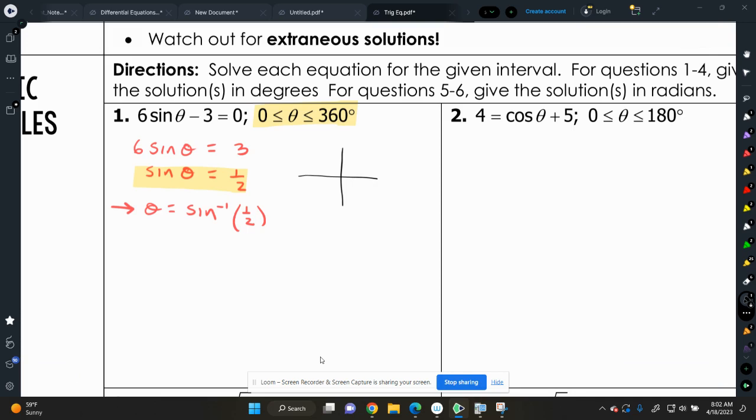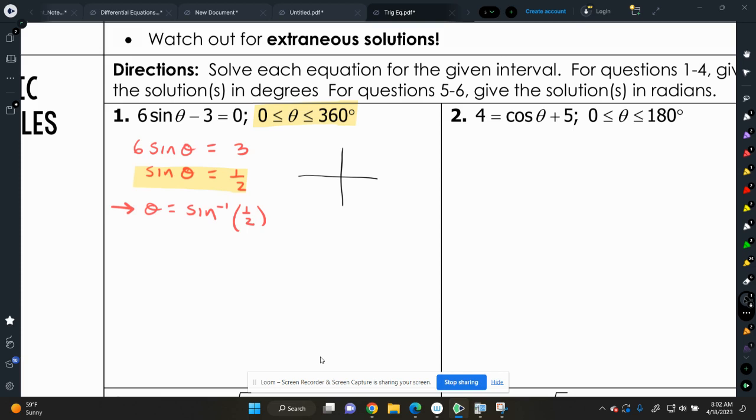However, we are solving for theta. So we do have to write that last thing there, even though our brain is kind of stuck here. Okay, we do have to write that. Without that, we're not actually solving for theta, we're solving for sine theta, right? Okay, so sine theta equals 1/2.